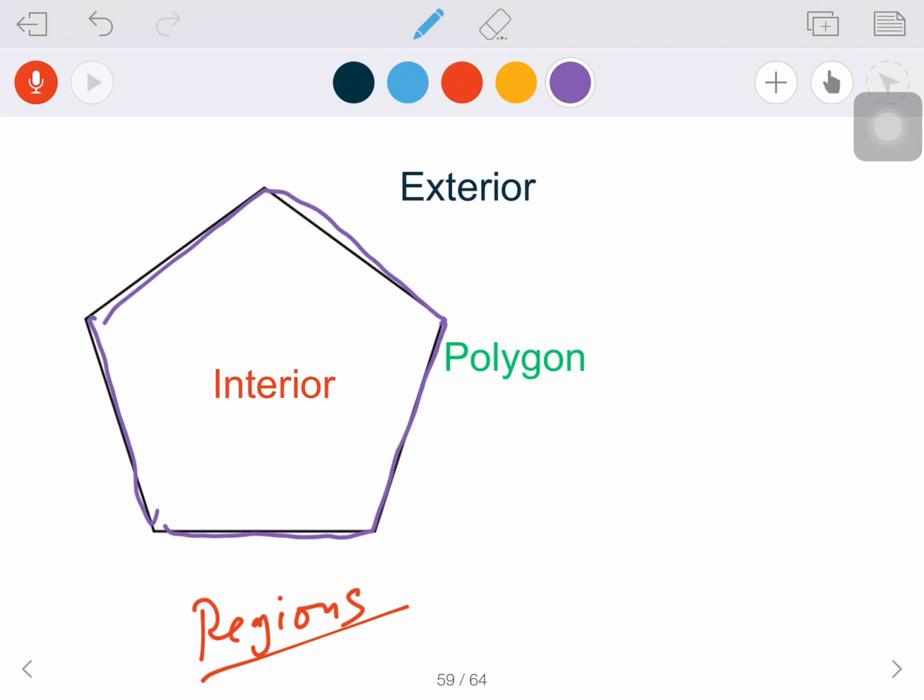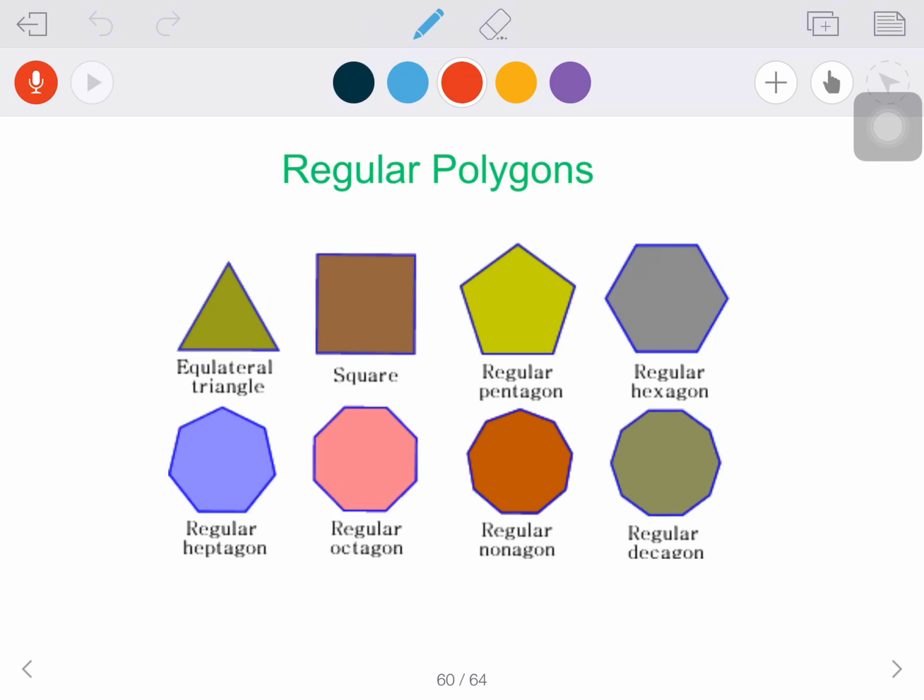But before that, when you talk about polygons, if all the sides here are congruent or equal, it becomes a regular polygon. So once again, what are regular polygons?